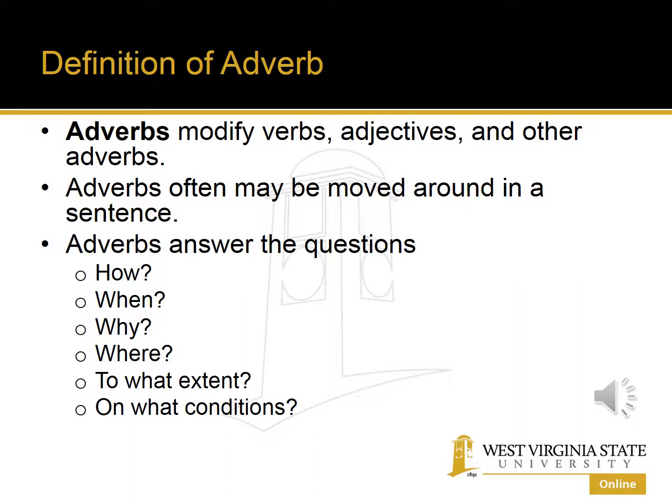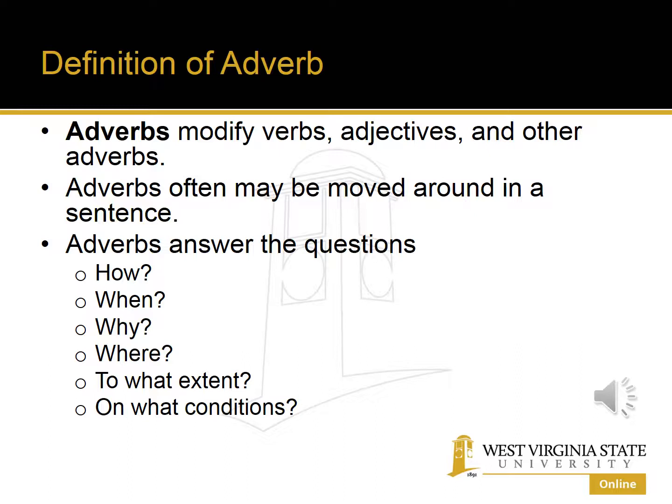So when we're looking at a part of speech, we can determine whether it's an adjective or an adverb based on what word it is modifying, what part of speech the word is that it is modifying. If it's a noun or a pronoun, we know it's an adjective. If it's a verb, an adverb, or an adjective, we know it's an adverb.